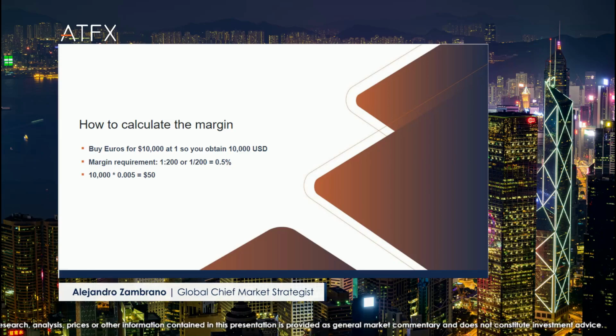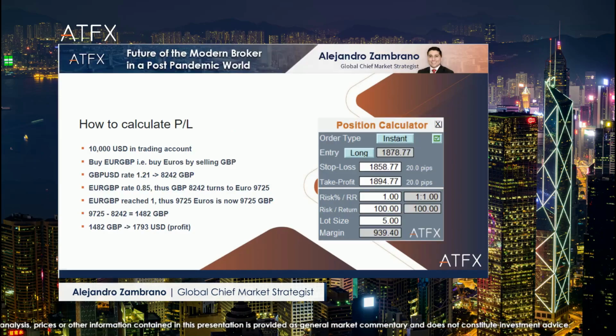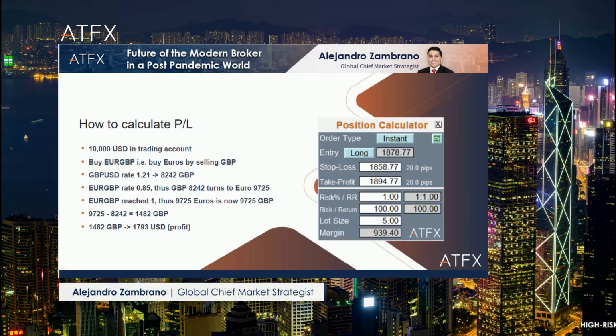Now, these examples are simple, right? It becomes much more problematic when you're dealing with other types of currency pairs. Say, for example, you want to be trading the euro against the pound. Now you want to buy it, which means that you are buying euros by selling British pounds. But hold on, you don't have any British pounds in your account. You have $10,000 in your account.